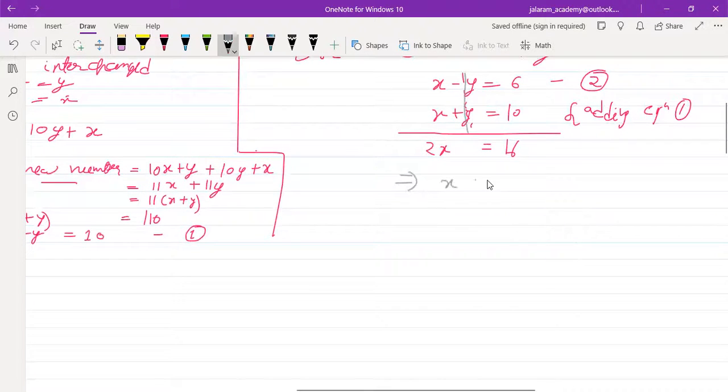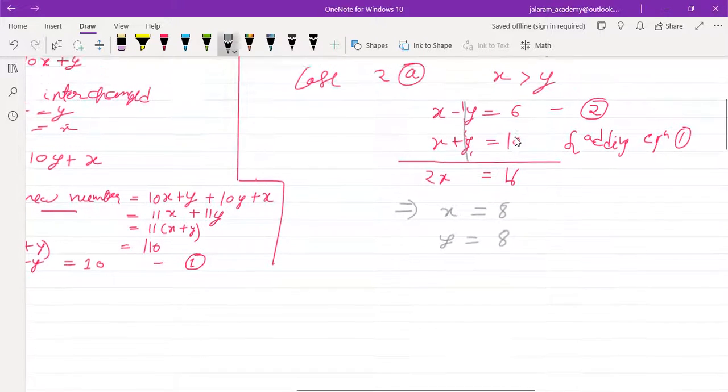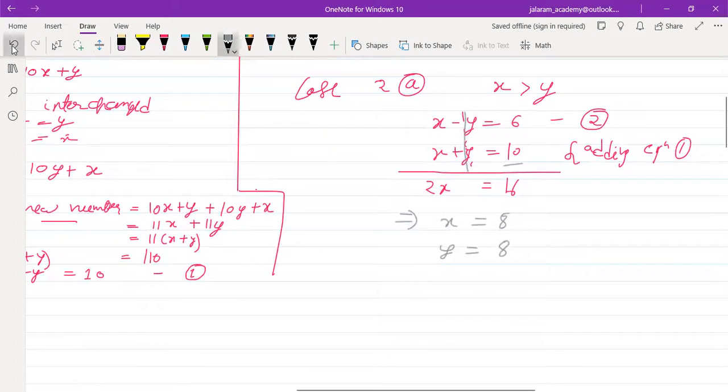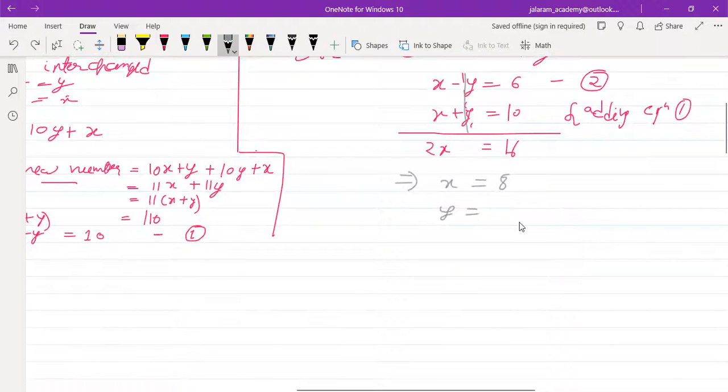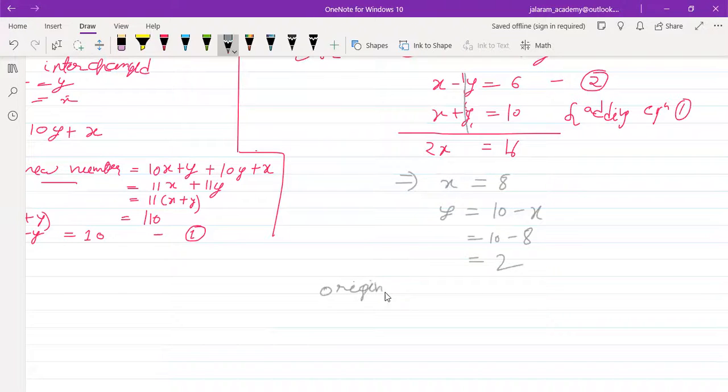That is x equals 8, and y equals 10 minus x, that is 10 minus 8 equals 2. So the original number equals 10x plus y, that is 10 into 8 plus 2 equals 82.